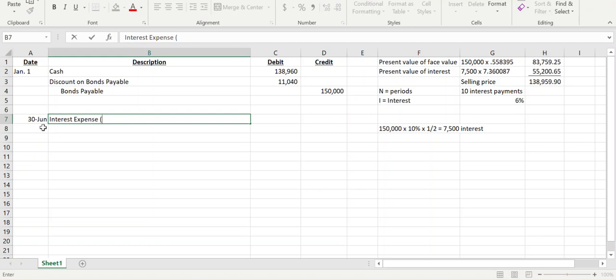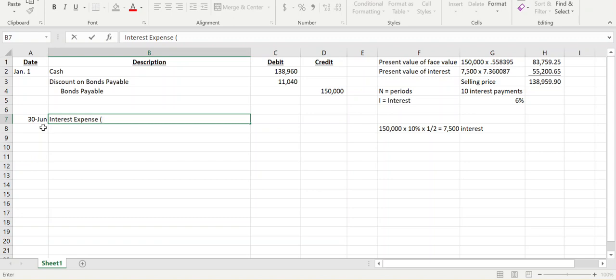In order to record interest expense under the effective interest rate method, we have to take the prior carrying value of that bond multiplied by the effective interest rate. And if we pay interest on a semi-annual basis like we do in this case, we have to cut it in half. So our prior carrying value, meaning the value that we're carrying on our books for this bond, is basically what we had as of January 1st.